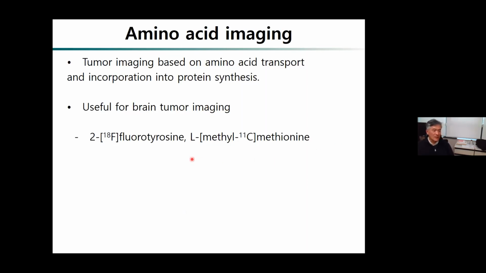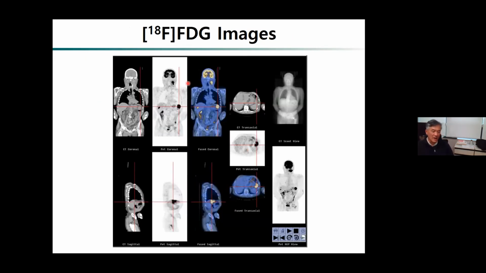And another target is amino acid imaging. So we normally use C11 labeled methionine as a tumor imaging agent. As you know, FDG is a powerful tumor imaging agent. But as you can see, a high brain uptake also occurs using the F18 FDG.